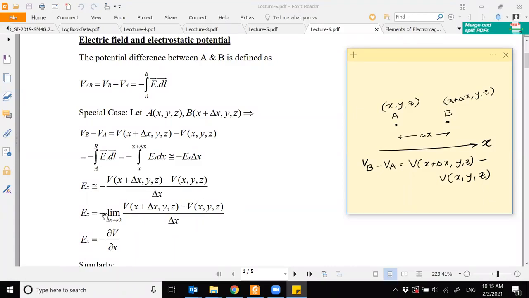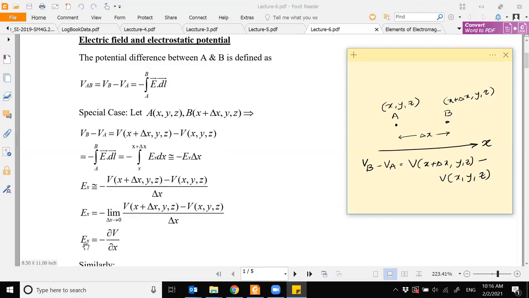And what is this? Limit delta x tends to 0, potential at this point minus potential at this point over delta x. This is nothing but the definition of the differential. This is the definition of the partial differentiation with respect to x.